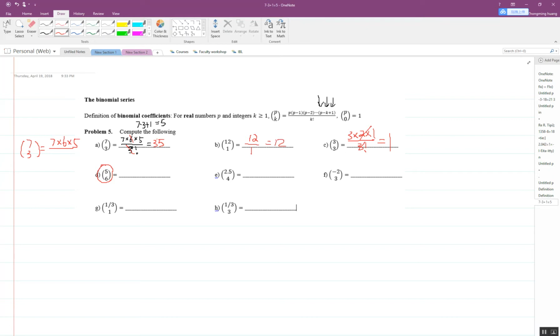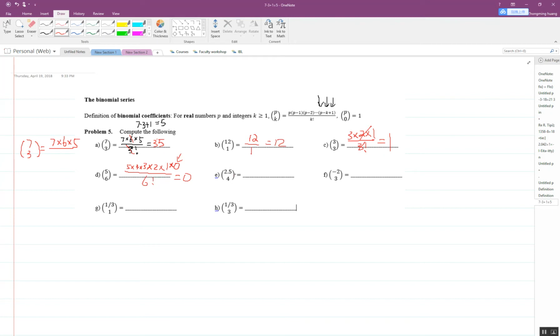But let's follow the definition to do this calculation. So you're going to do 5 times 4 times 3 times 2 times 1. Should you stop? Nope, you have only 5 numbers here so far. You have to continue down to another one. You're supposed to have 6 numbers here, and the 6th factor is 0, divided by 6 factorial, so the result is 0.